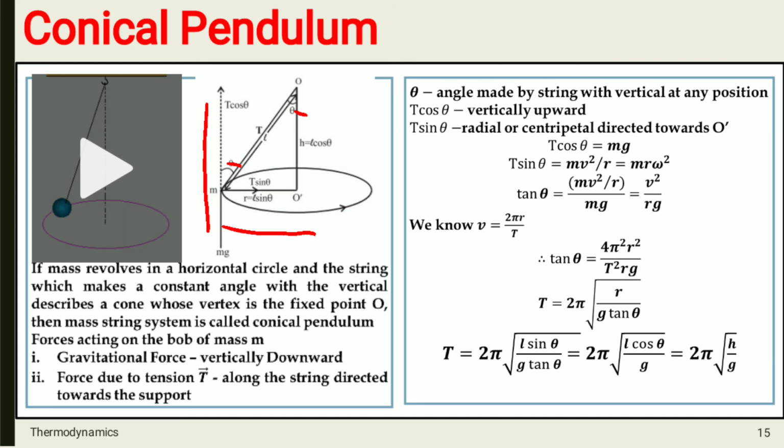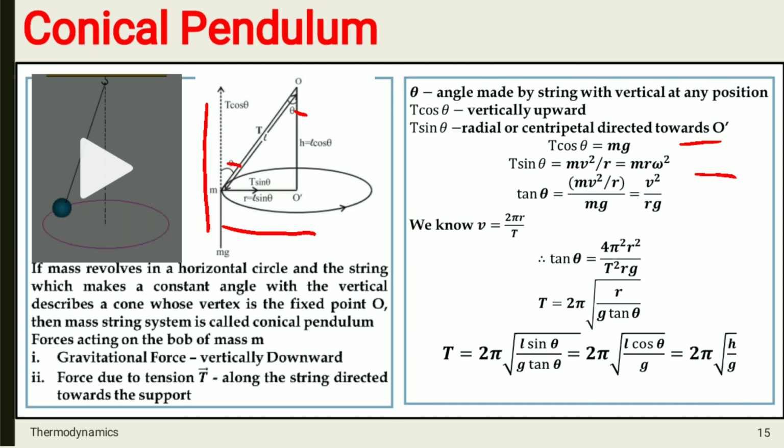So now if you divide T sin theta by T cos theta, means you divide this equation by this, what will you get? Tan theta, T gets cancelled, you will get mv square divided by r divided by mg.